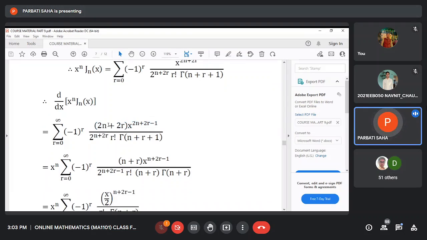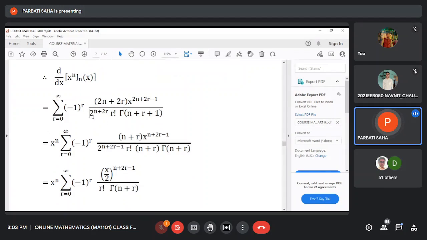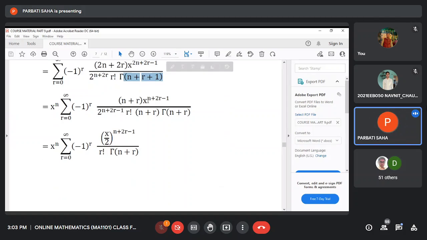Now you can take common 2 from these two. Then it is 2 to the power n plus 2r, cancelling 2 from numerator and denominator. The denominator should be 2 to the power n plus 2r minus 1, like this. But other terms remain unchanged.